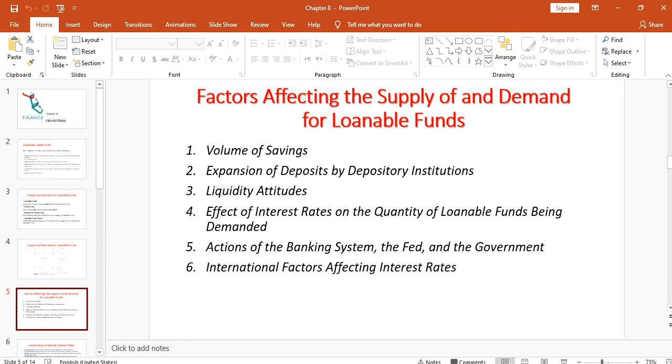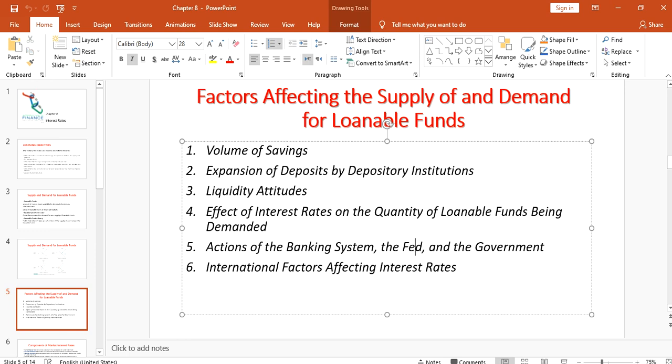And actions of the banking system, the Fed and the government. The central bank basically determines the interest rate in the market. They have the central bank, the Federal Reserve in the United States. They have their rate, which is benchmarked to the interest rate in the market, the risk-free rate.